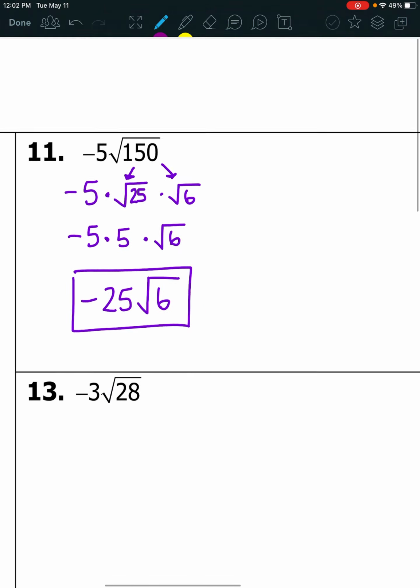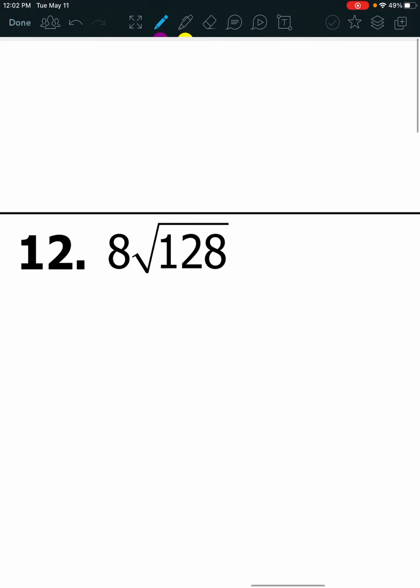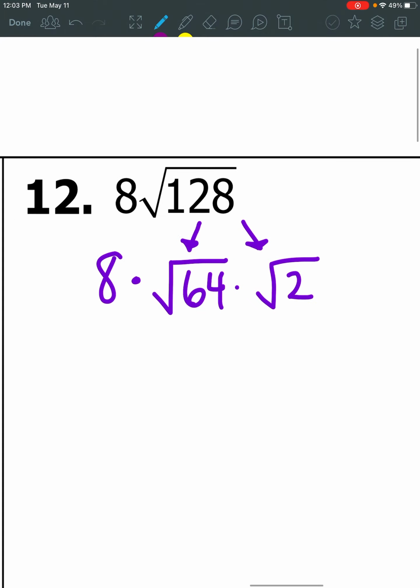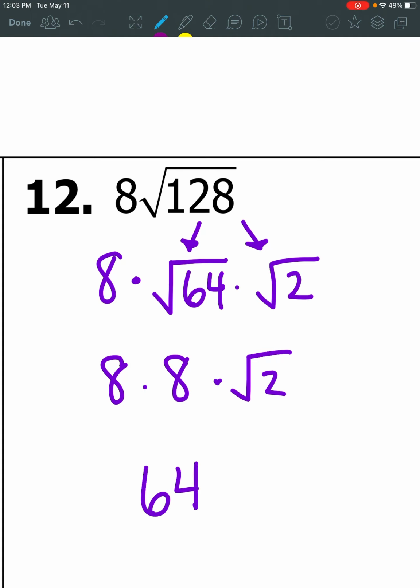And that is simplified. Number 12, so we have 8 times, I'm going to break 128 into 2 factors. So 64 is the largest. That is a perfect square. 64 times 2 is 128. So we'll do square root of 64, pull that out, and then we'll leave that radical 2. So we end up with 64 times square root of 2.